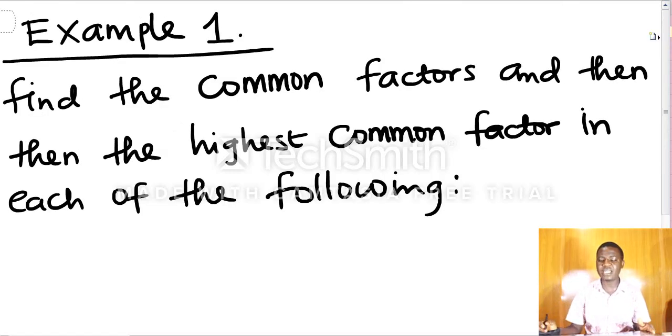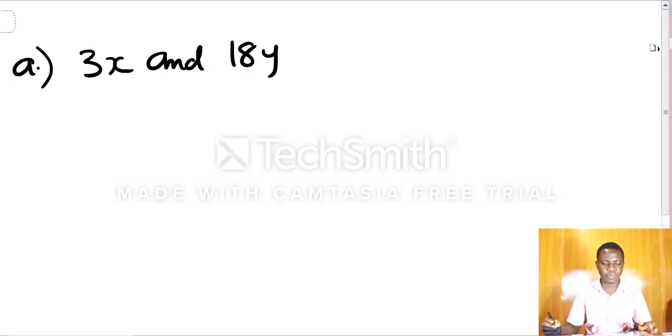we are asked to find the common factors and then the highest common factors in each of the following. Now we are going to be given a set of terms and we have been asked to find their common factors and also their highest common factors. So we have A being 3x and 18y.